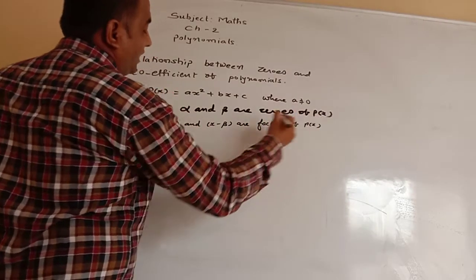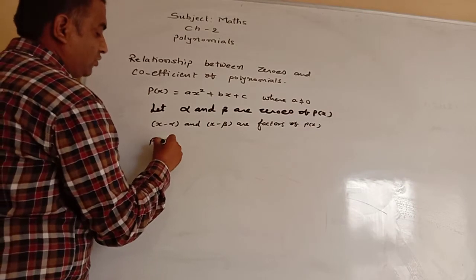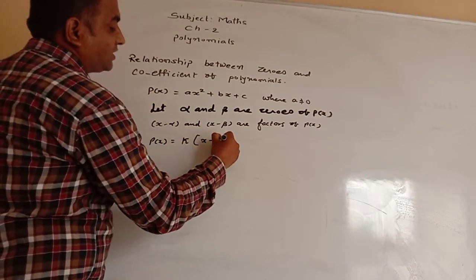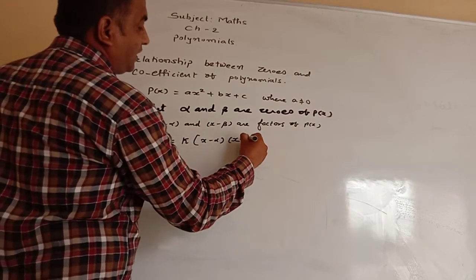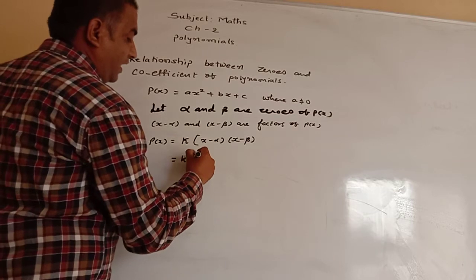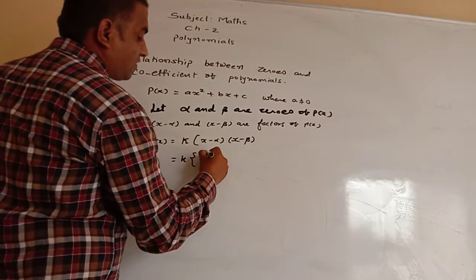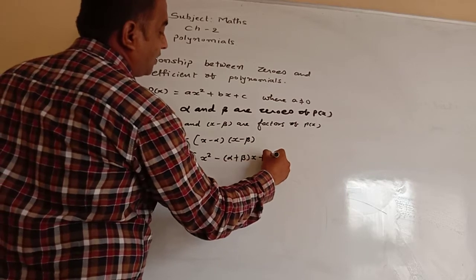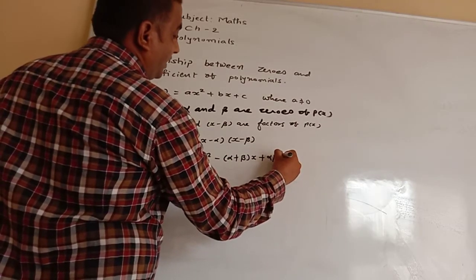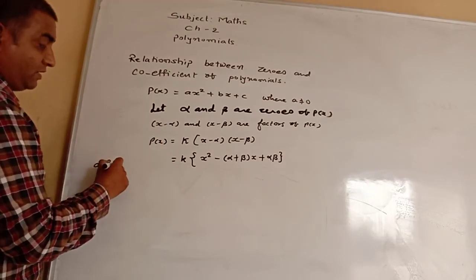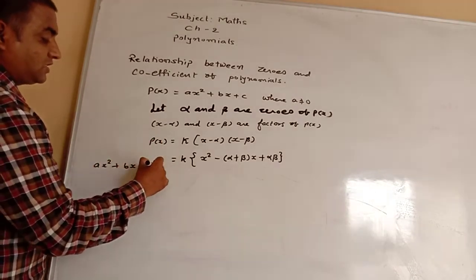and so we can write that p(x) equals k, some constant, multiplied by (x minus alpha)(x minus beta). When we multiply these two brackets, we get k times x square minus (alpha plus beta) x plus alpha beta. Now p(x) is ax square plus bx plus c.